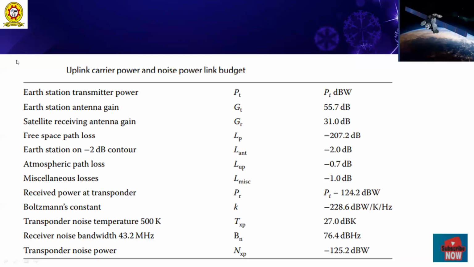Now how do we evaluate the downlink power budget? The downlink noise power budget is completed now, minus 130.7 dBW. In the same fashion, the downlink power budget.